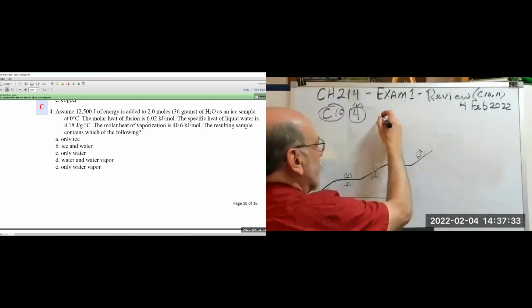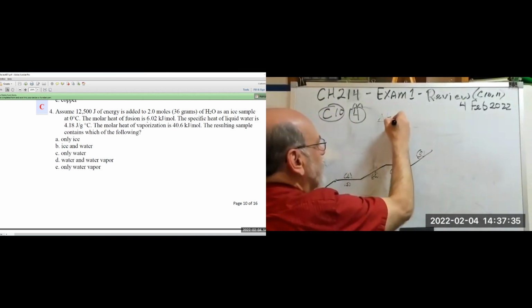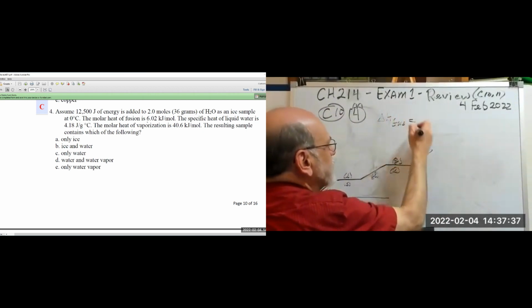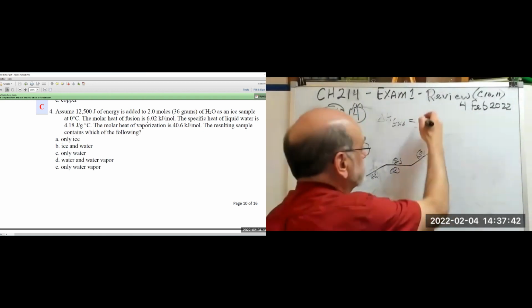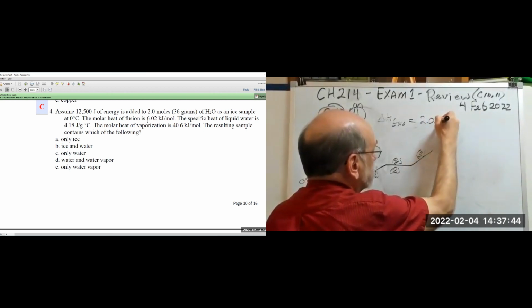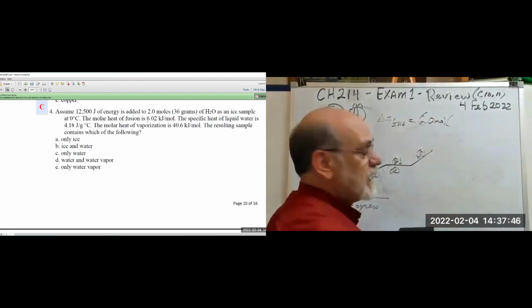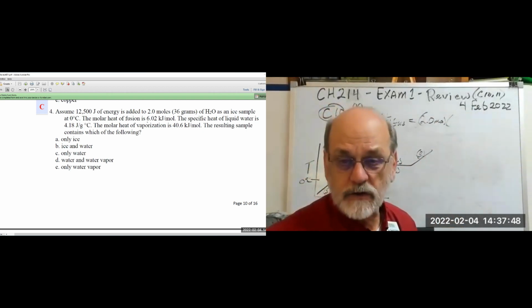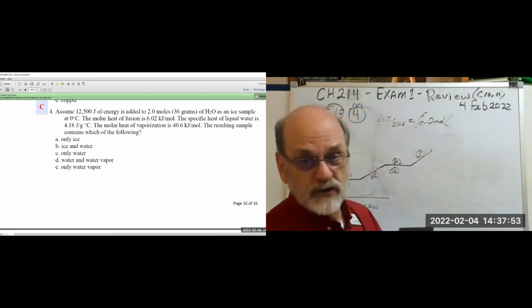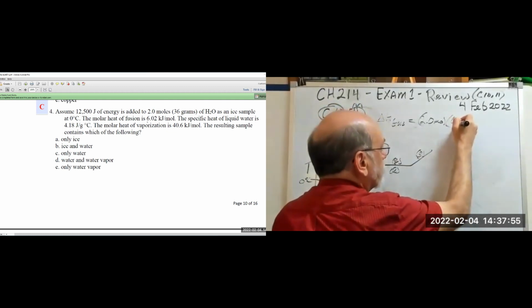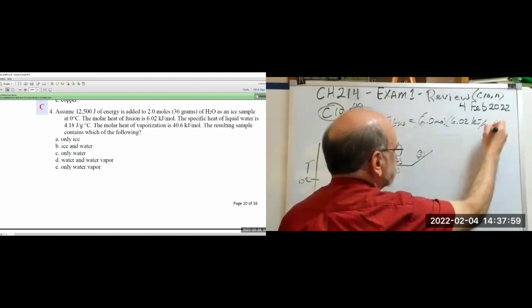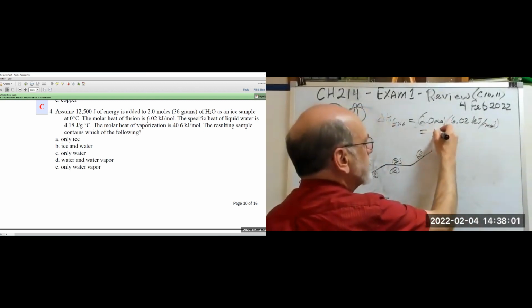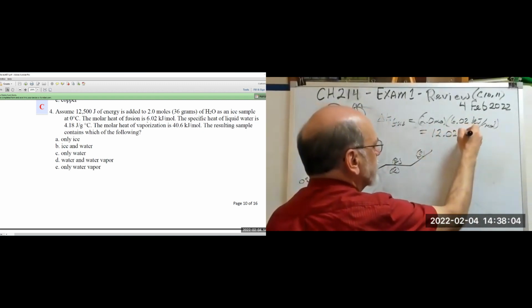So the heat of fusion is equal to 2 moles of water times the molar heat of fusion, which is 6.02 kilojoules per mole. All right, so that's equal to 12.04 kilojoules.